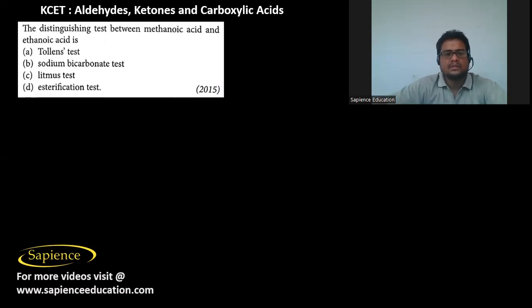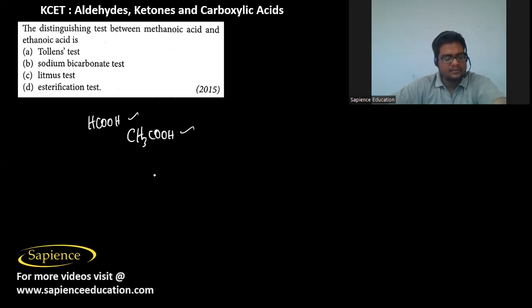So option D is the correct answer. Then it is told the distinguishing test between methanoic acid and ethanoic acid is. How can we distinguish between methanoic acid, which is HCOOH, and ethanoic acid, which is CH3COOH?